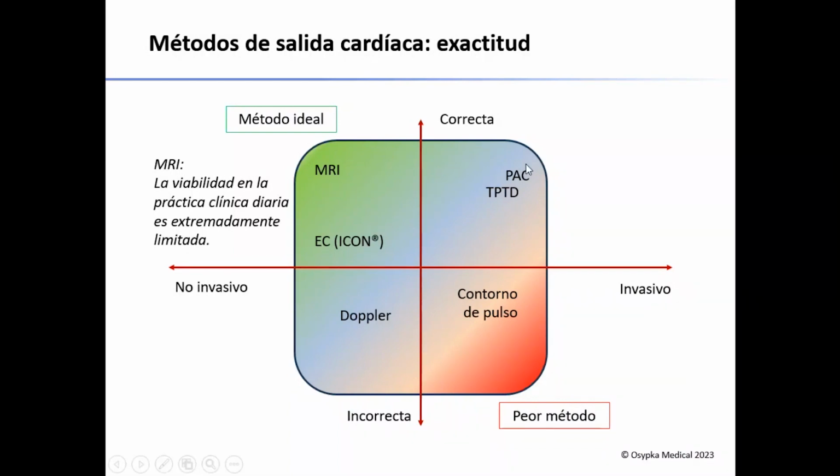Other methods like pulmonary artery catheterization or transpulmonary thermodilution are probably relatively accurate but highly invasive. Pulse contour method is still invasive. Sometimes the marketing calls it minimal invasive. It's still invasive and has reduced accuracy compared to these methods.